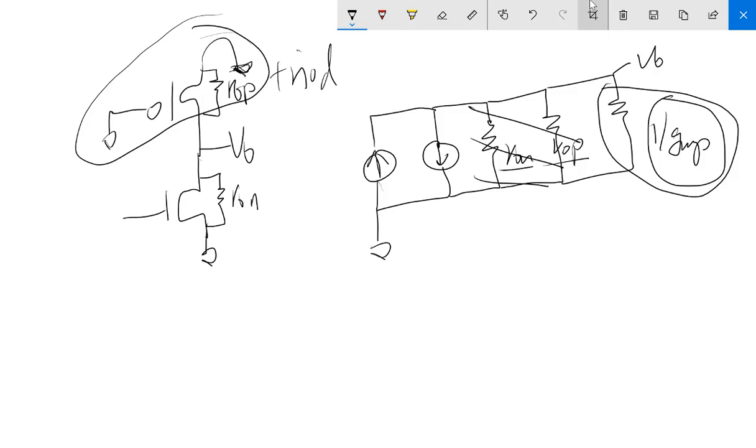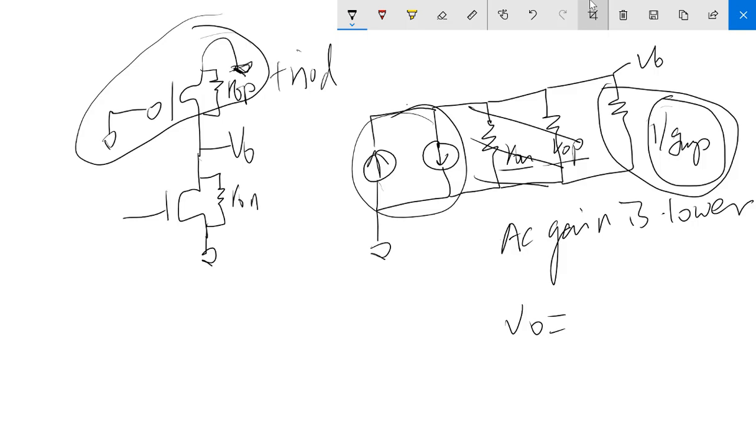So which means if you have a transistor in triode in here or in here, the overall resistance will be way lower, which means the AC gain will be lower. Because Vo equals I, whatever the overall I here, flowing through this 1 over gm.